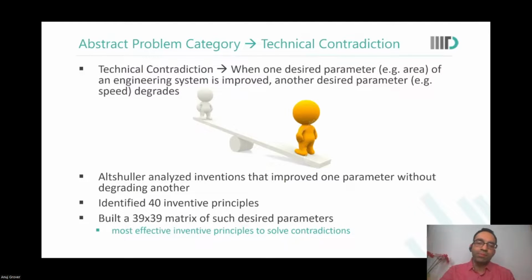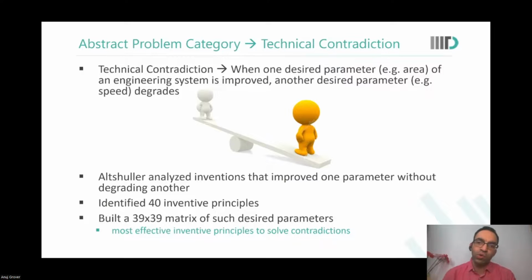So, do you remember a few inventive principles that we have talked about? Anyone? We talked about quite a few. Trimming? No. Trimming is a method, a tool. Trimming is not an inventive principle. Contradiction means that I wanted to improve area, but my speed degraded.